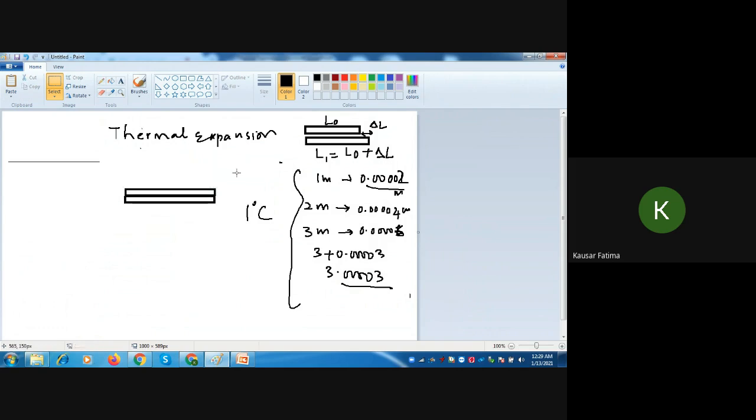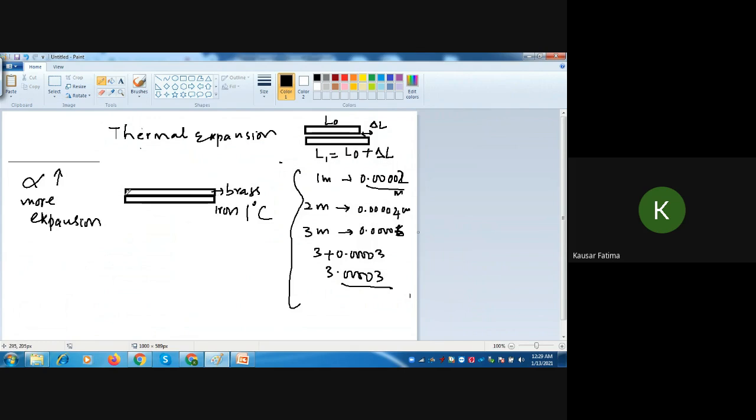They are of the same initial length, but their types are different. One has a greater value of alpha, which means it will expand more on heating. Alpha greater, more expansion for the same rise in temperature. Suppose this is brass and this is iron or invar. So brass has greater expansivity.